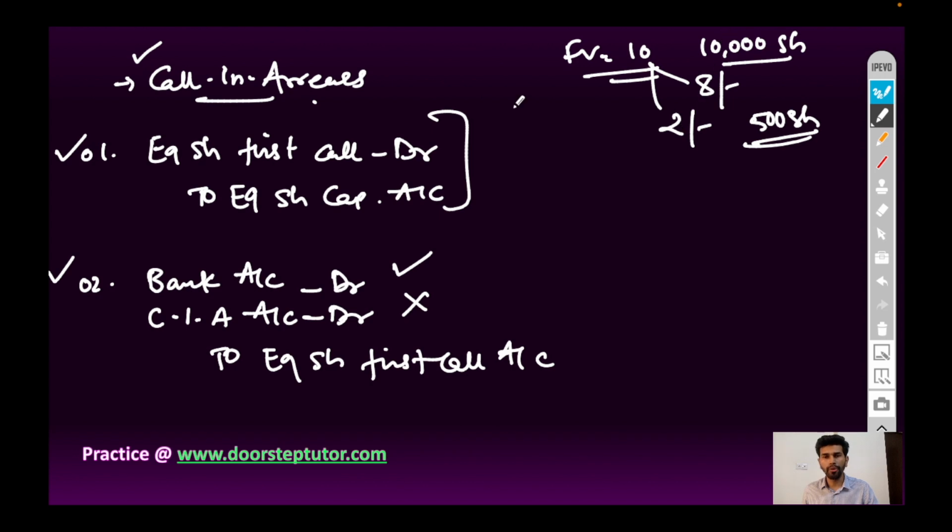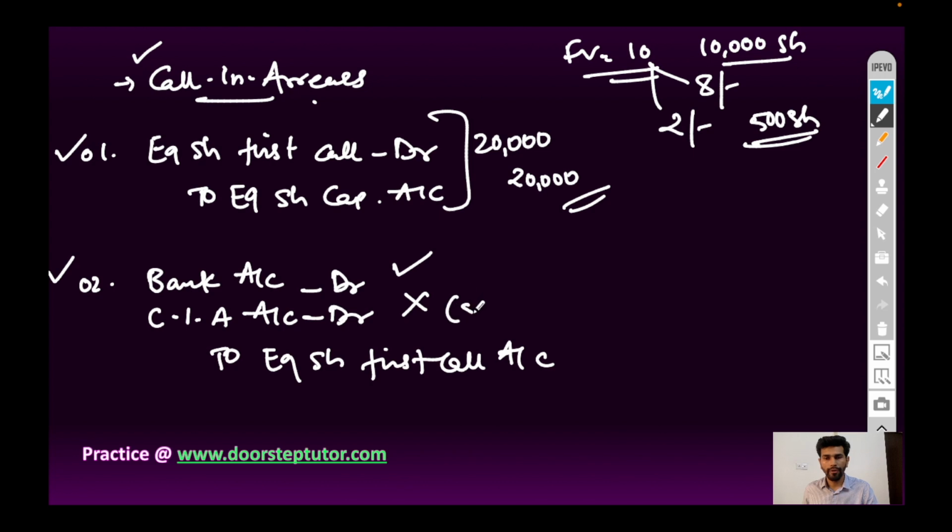10,000 into 2 rupees, 20,000: equity share first call account debit to equity share capital account on call money due. The narration will be being call money due on 10,000 equity shares. On receipt of the money, on 500 shares, 2 rupees is not given.